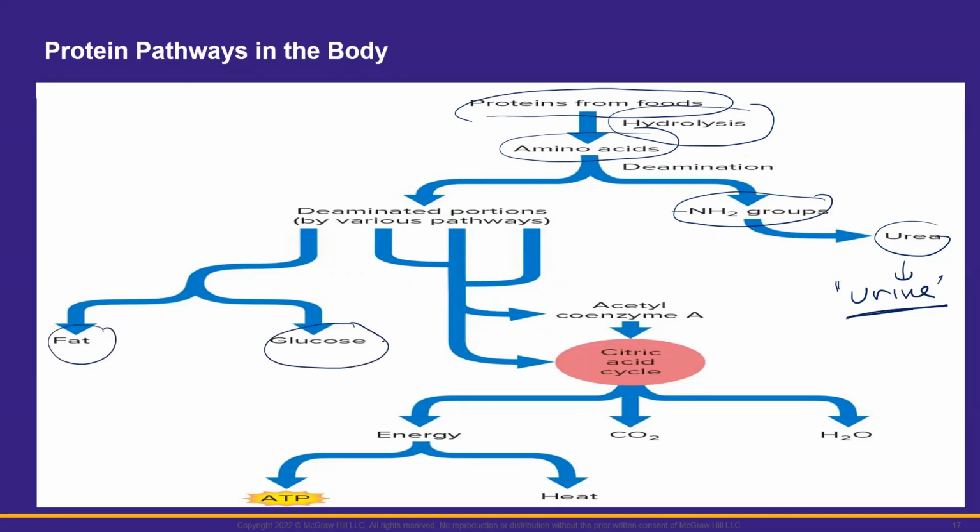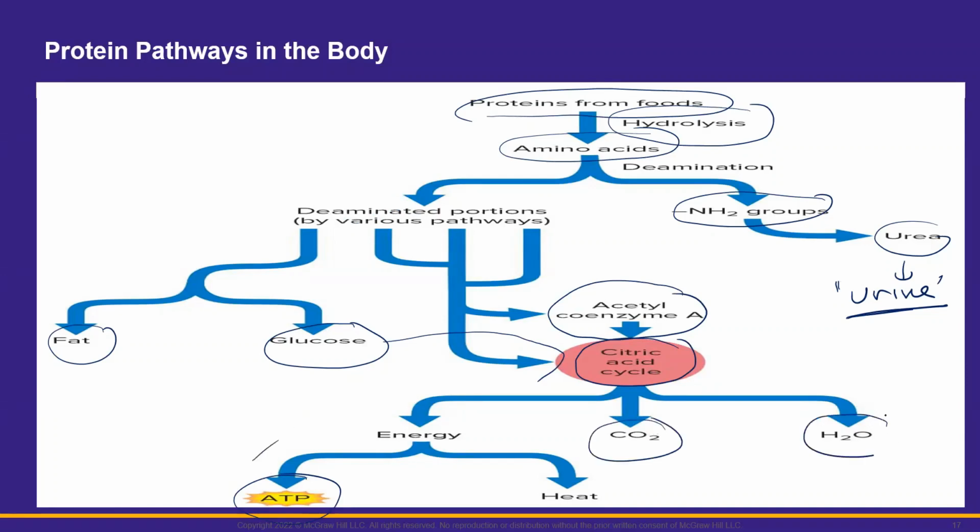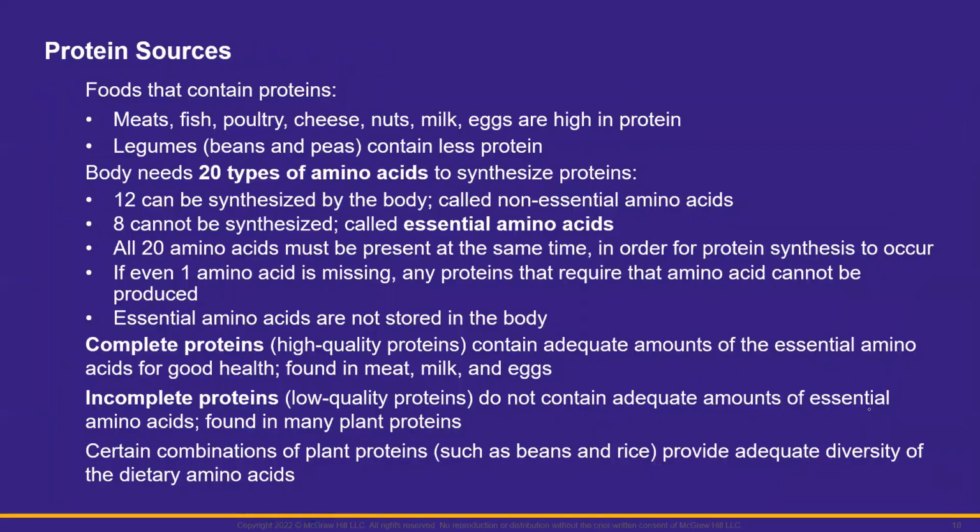This glucose can be used to produce ATP, or some amino acids can be converted into acetyl-CoA and then go into the citric acid cycle, which is cellular respiration, and produce the energy or ATP, with the byproducts of carbon dioxide and water.